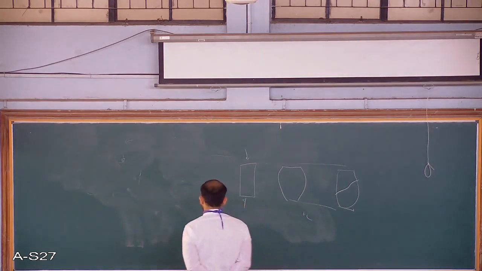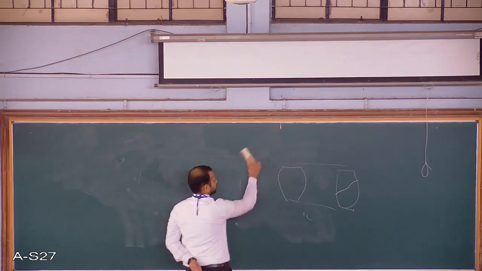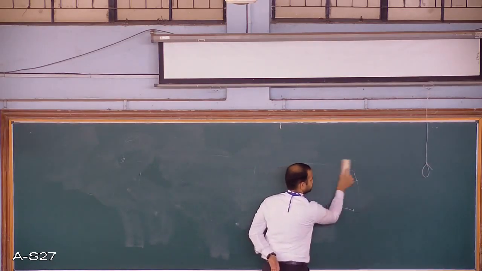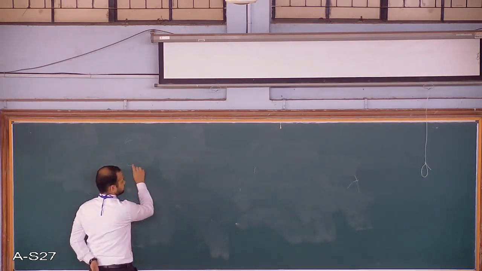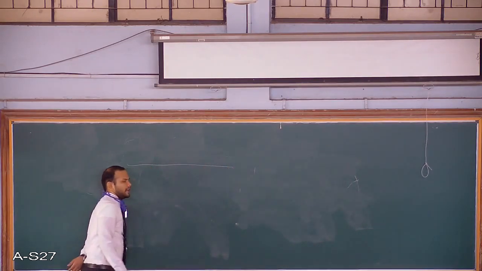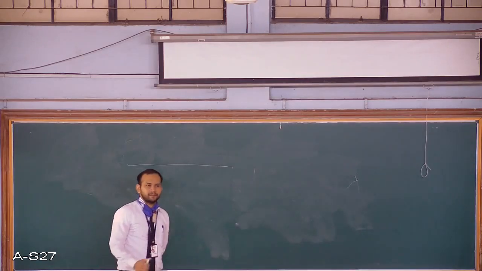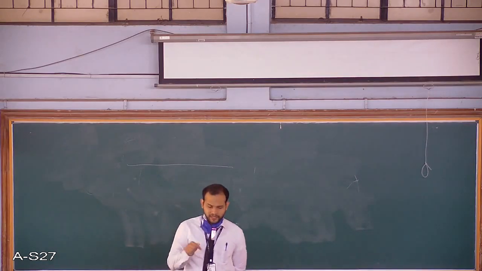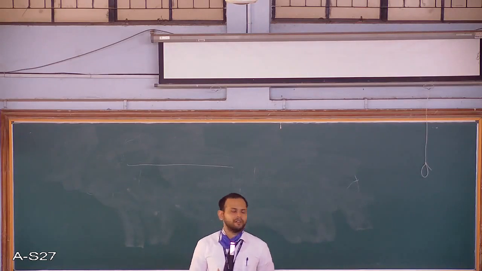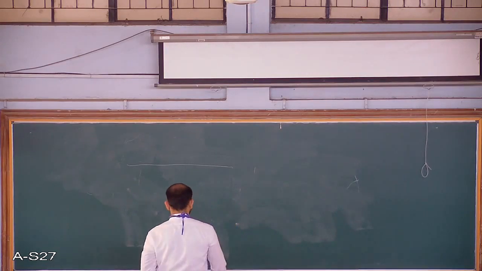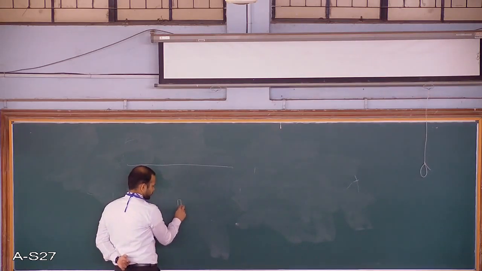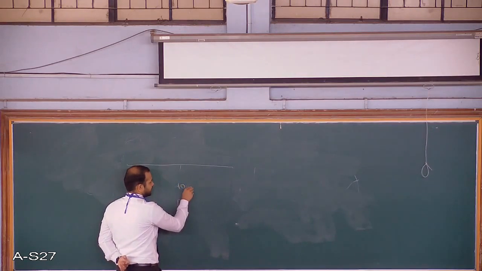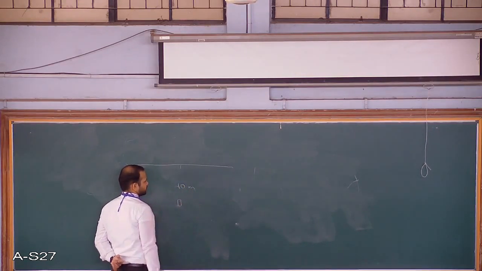For example, this is the field and you are going to construct your building here. Let's say it's a big high-rise building, so you are going deeper and deeper to get more strength of the soil. Now, I want to check a soil sample which is, let's say, 10 meters below the ground.